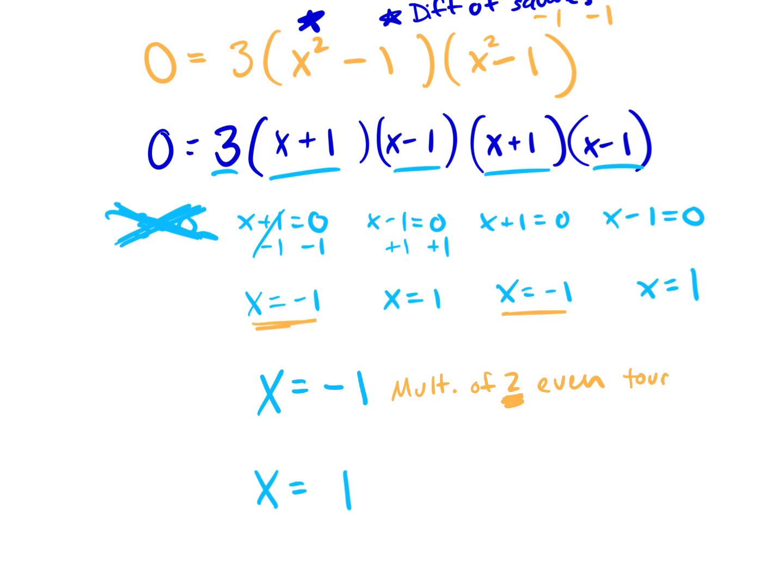Touch and turn. Now next, how many 1s do I have? So I have a multiplicity of 2. 2 is even. So since it's even, am I going to go through or touch and turn? Touch and turn.